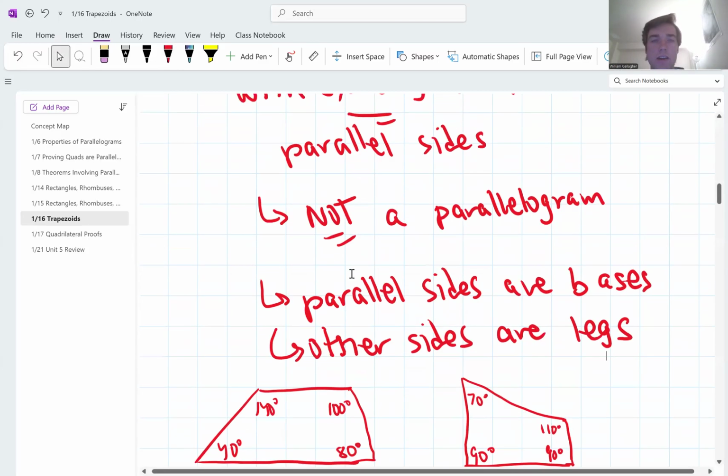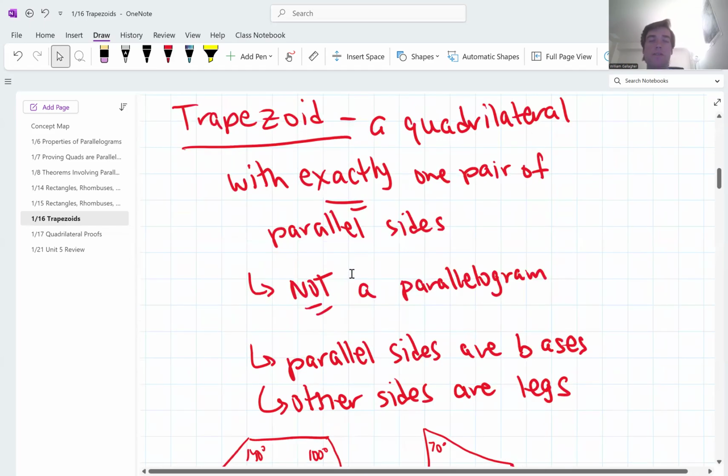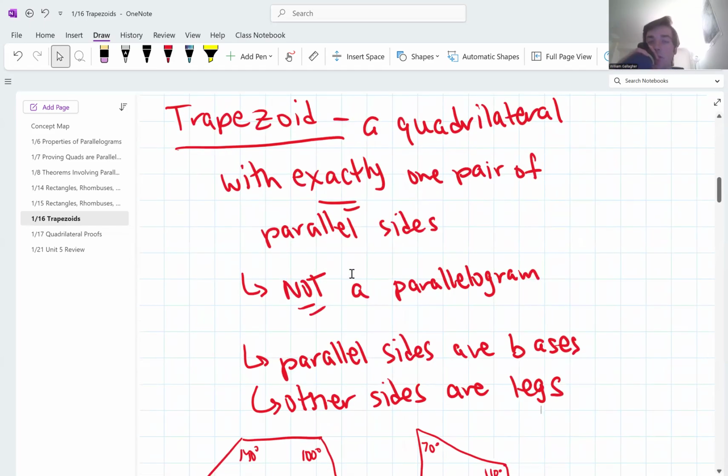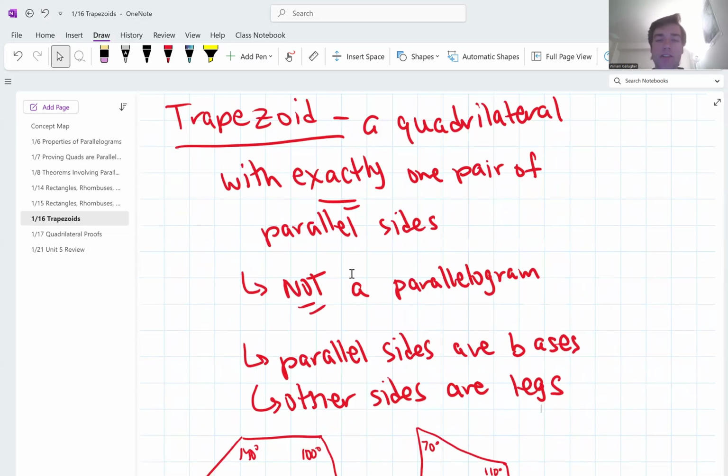So again, trapezoids have exactly one pair of parallel sides. They're not parallelograms. The parallel sides are the bases, the other sides are the legs.